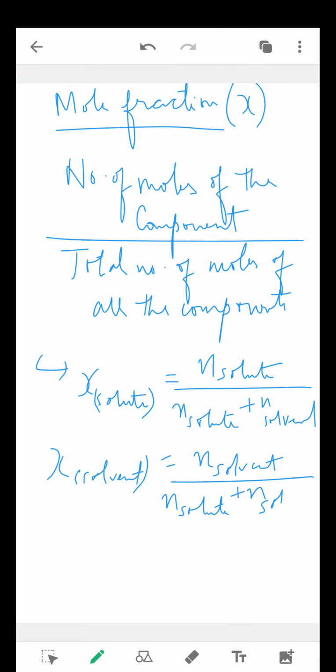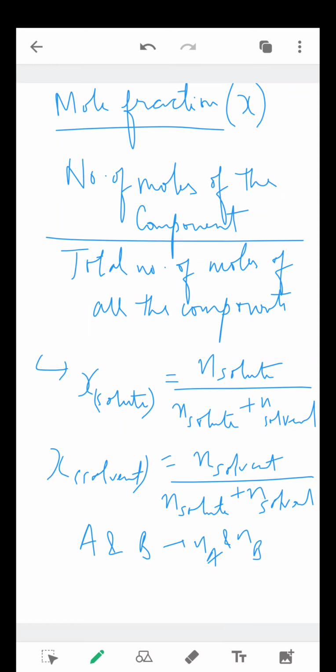Okay, now in binary solution, in this solution chapter we will basically talk about binary solutions. In a binary solution, if the number of moles of A and B are Na and Nb, then the mole fraction will be like this.